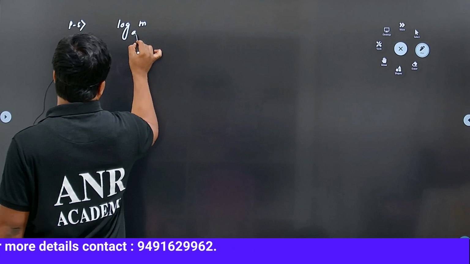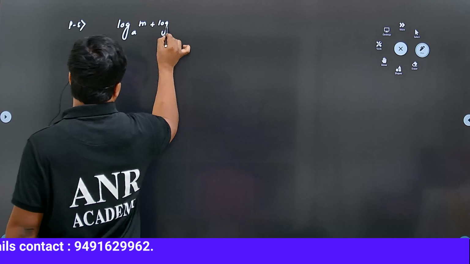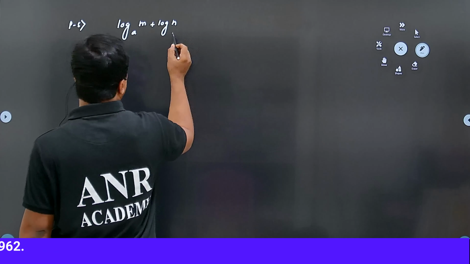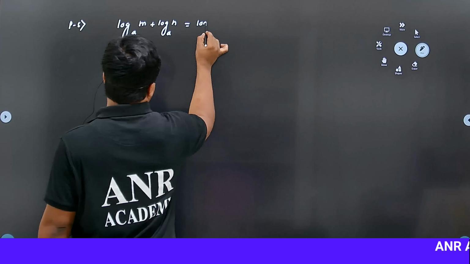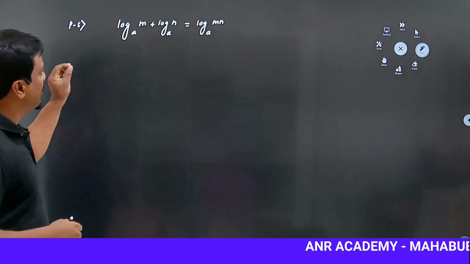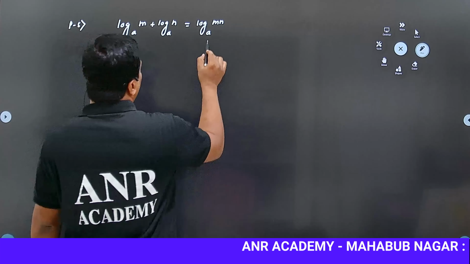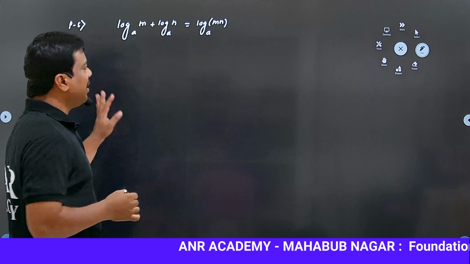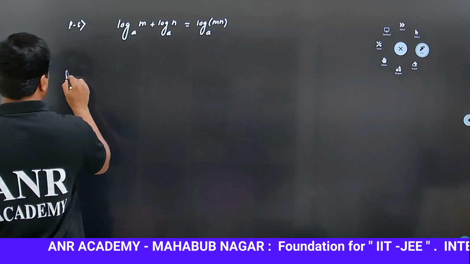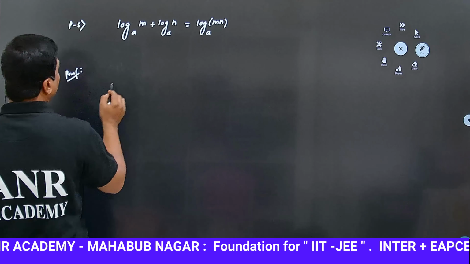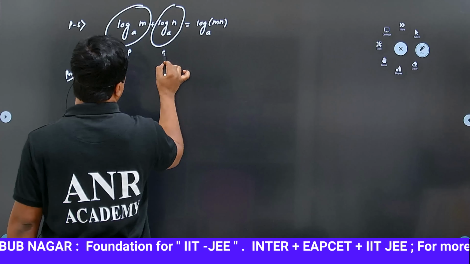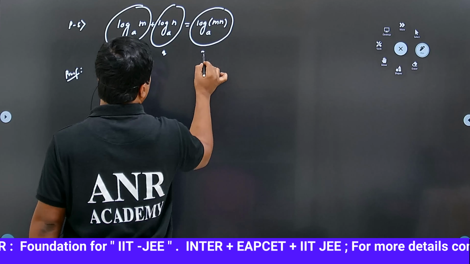Log m to the base a plus log n to the base a itself, that is log mn to the base a. Log m plus log n is written as log of mn, and they have a common base a. Let us see the proof. Assume that this is some p and this one is q, and suppose this is r.